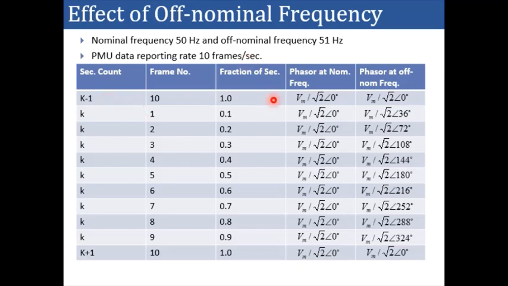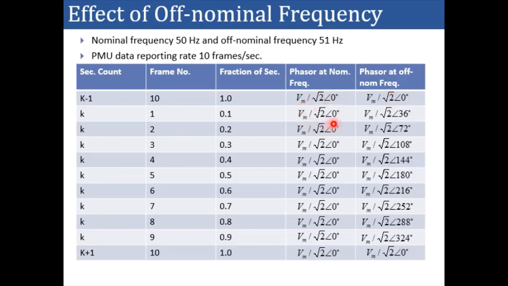Say at time 0, we get the first frame. At that point, with nominal frequency, we may get the phasor value as Vm by root 2 angle 0 degree. For off nominal it will be the same, that means both coincide at time t equal to 0.